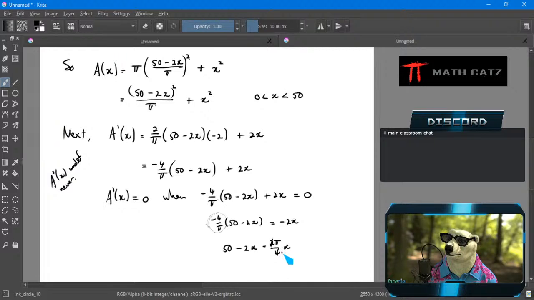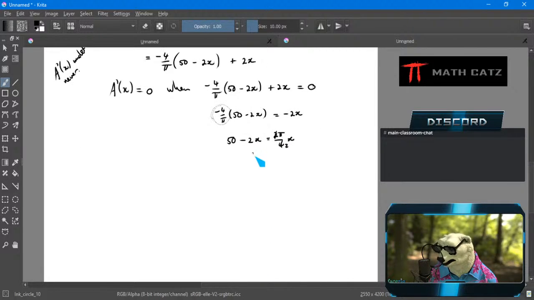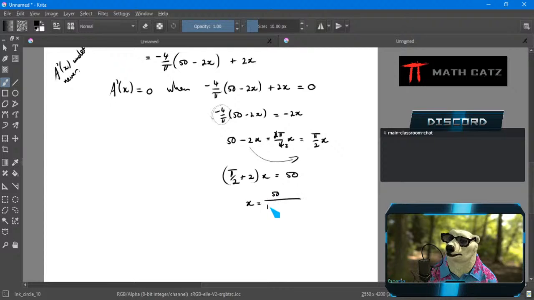And then a 2 and one of the bottom 2's can cancel. So what do I have here? I have pi over 2 minus 2x. So then let's maybe move this guy to the other side to have pi over 2 plus 2x equal to 50. So x is equal to 50 divided by pi over 2 plus 2.